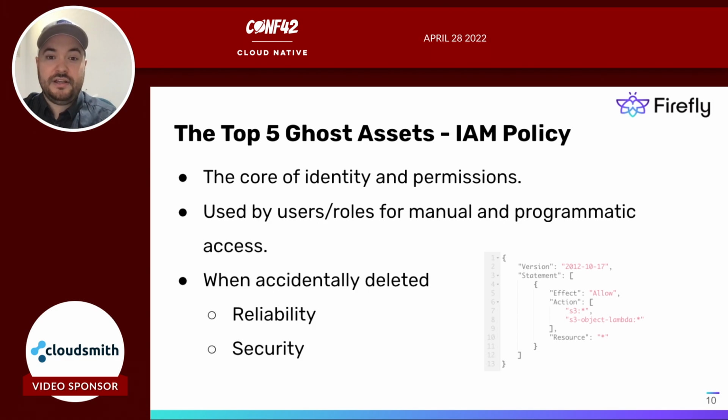Upon deletion, the policy is detached from any entity attached to it. This means that any permission granted by the deleted policy is now revoked. Production processes can lose their ability to write and read data, and customers can lose access to services.